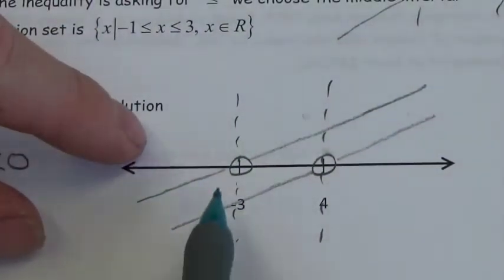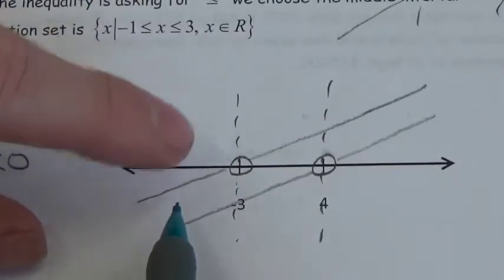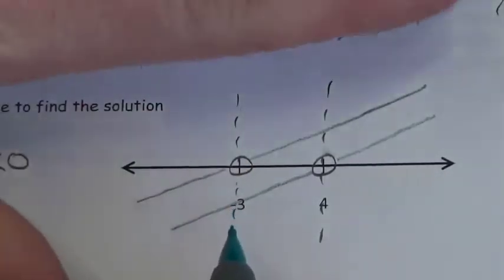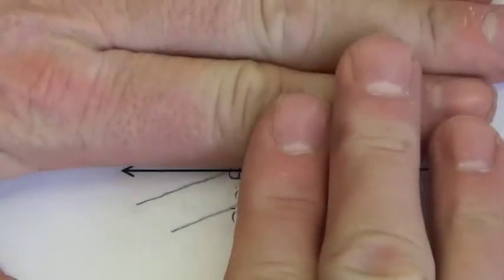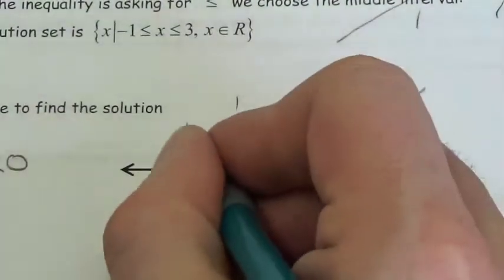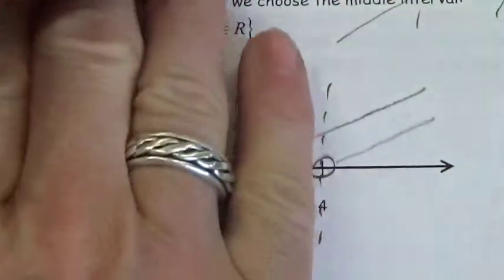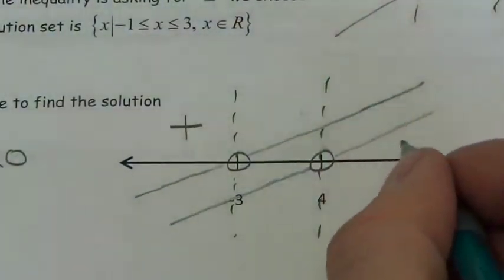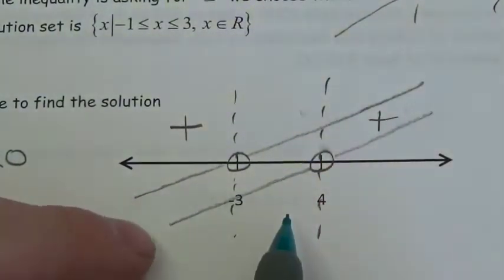I can see over here that any test point that I pick is going to produce a negative and a negative. They are both below the x-axis over here. So a negative and a negative gives a positive. Same thing over on the other side here, except here they're both positive. A positive and a positive is going to get me a positive.